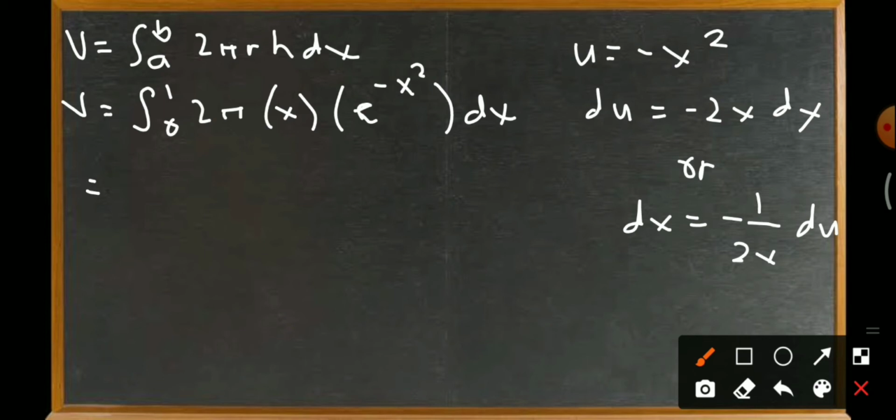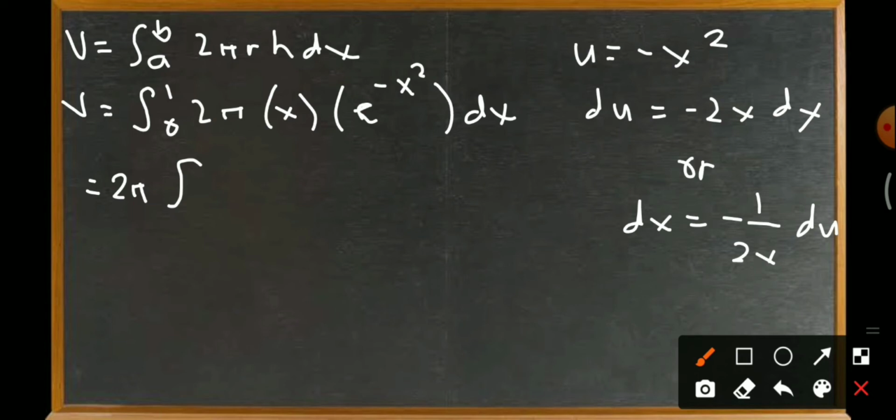So take the constant out, 2 pi times the integration of, since we use the u substitution, the interval will change also. So if x is equal to 0, we have u is equal to 0.